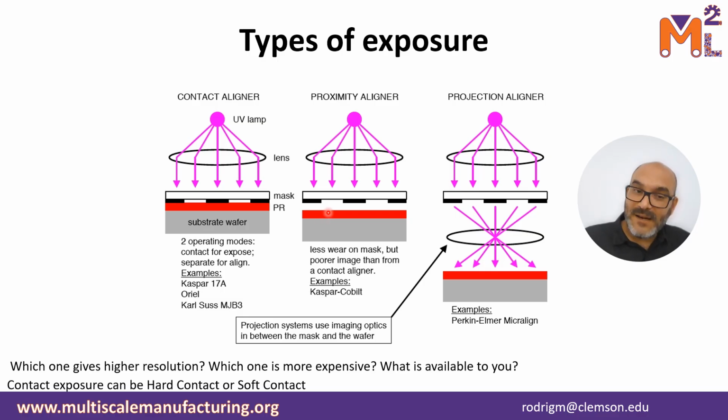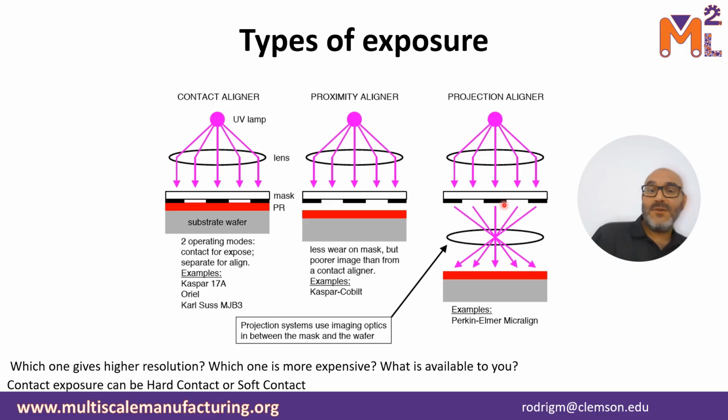Still, it's very important that the photoresist is not sticky by any means, because most machines actually bring the photoresist into soft contact with the mask, and that will be the reference point, and from there they will retract the photoresist a particular distance depending on what you tell the machine to do, right? So in both cases, make sure that you don't have solvent in that photoresist before the exposure.